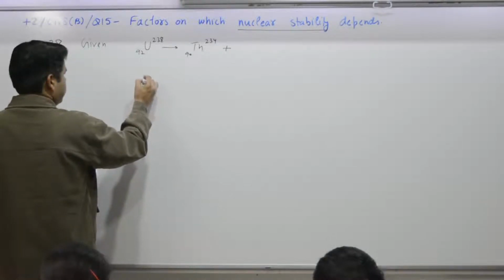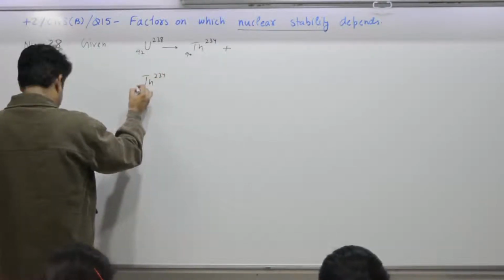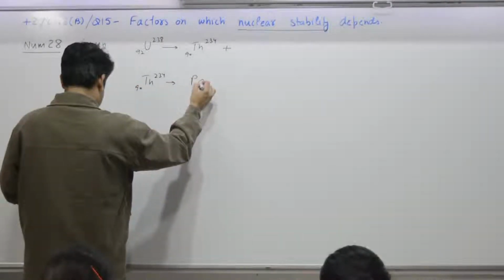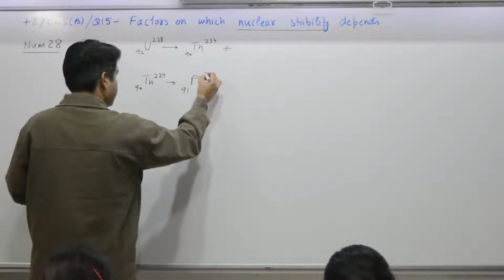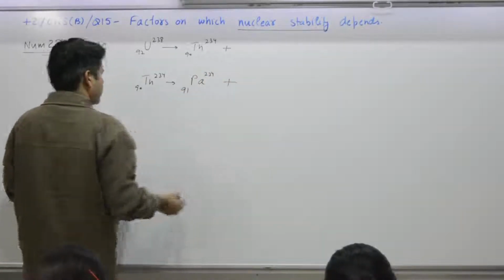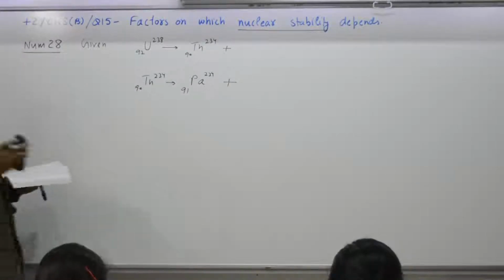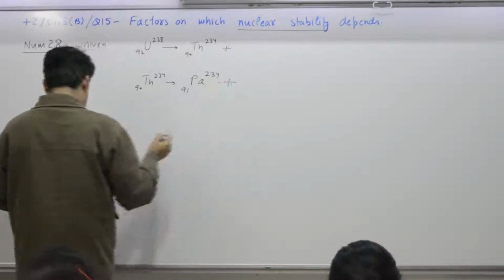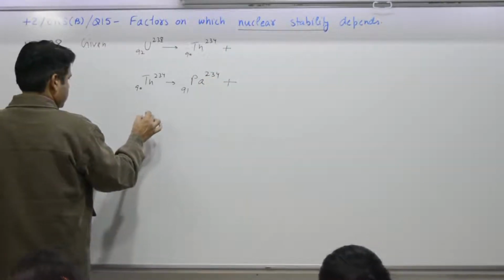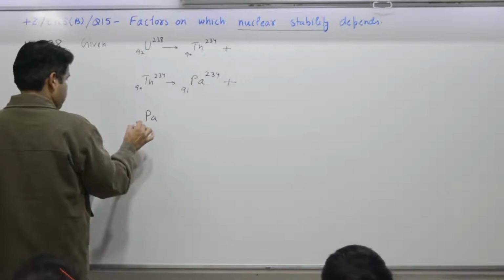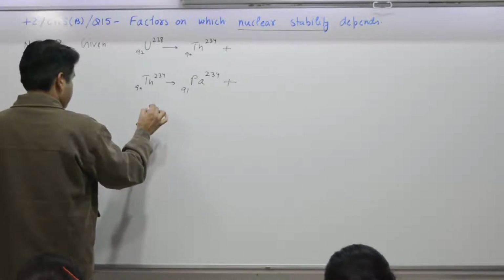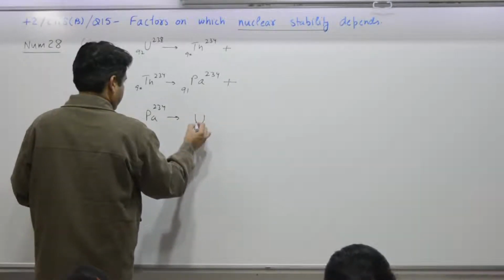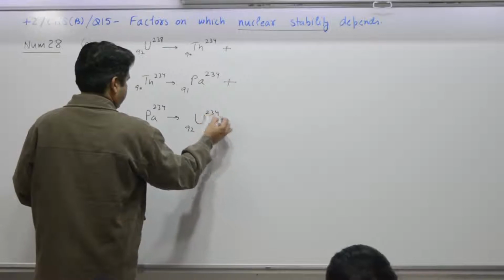Then thorium 234, 90, changes to protactinium plus something we don't know. Then protactinium 91, 234, changes to uranium 92, 234 plus something.